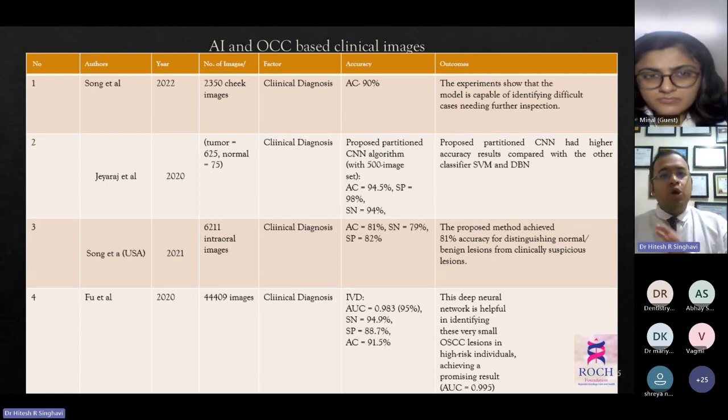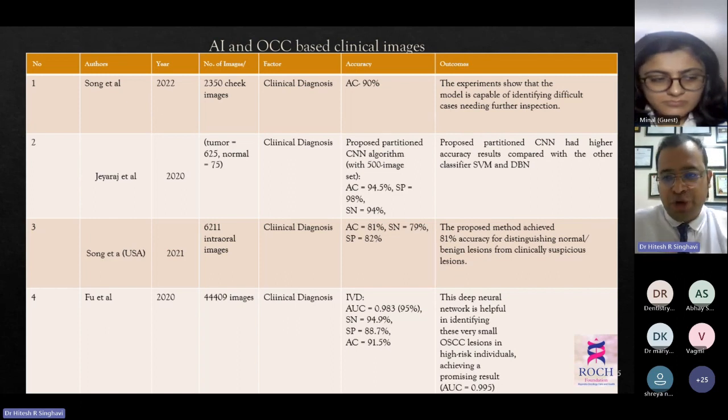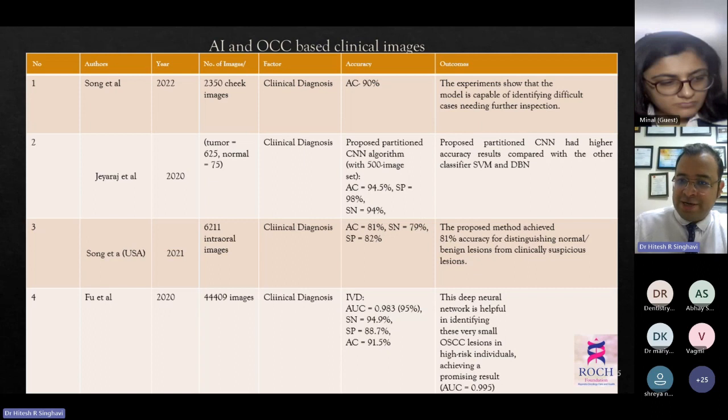Now we'll move on to the evidence. What evidence is available in the literature to say that AI has potential? I'll not say AI is useful in the real world setting, that is still to be discovered, but yes, it has immense potential. If you see this first study by Song et al., 2350 images were taken.